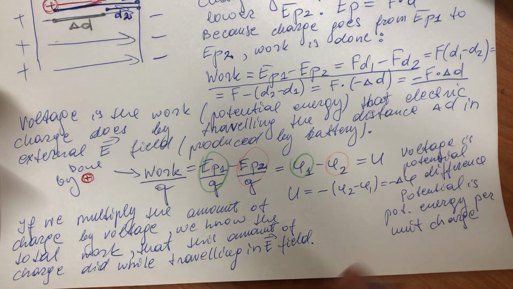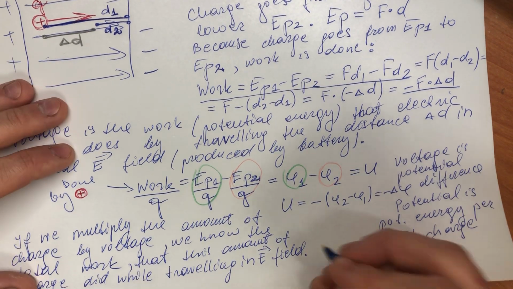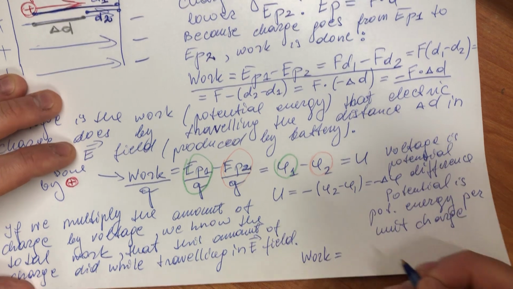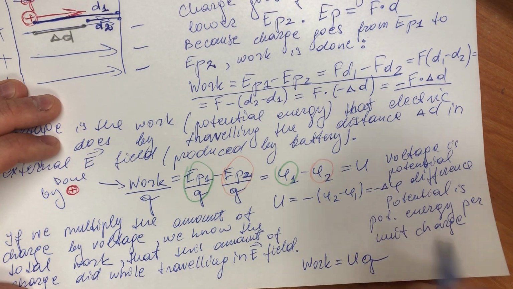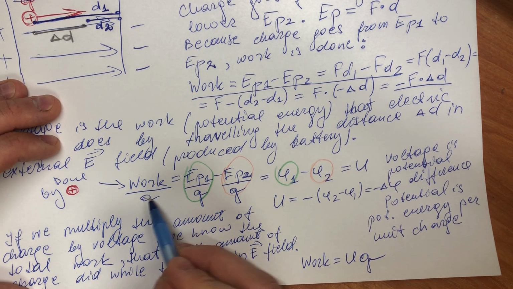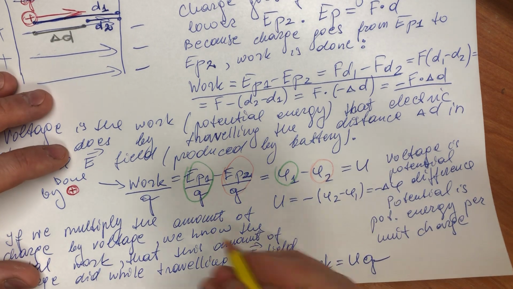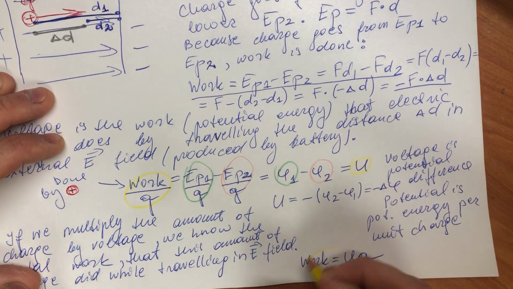So the equation would be work is equal to U times Q. So here work, Q and U. See, this is where it comes from.